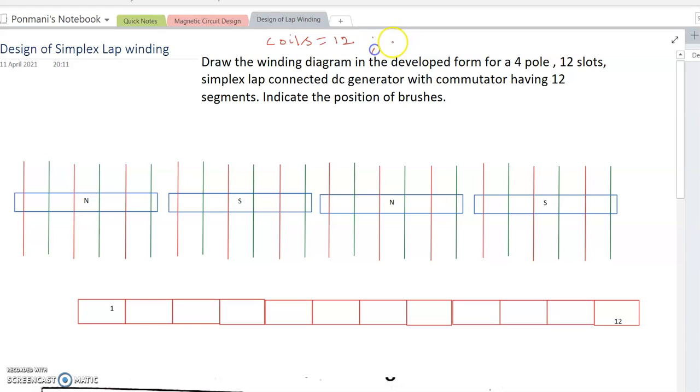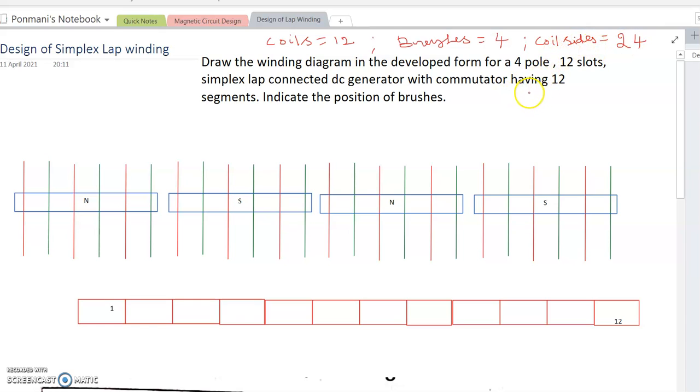Another thing, the number of brushes will be equal to the number of poles, so here it is 4. And coil sides will be, as you know, 2 times the coils. So the number of coils is 12, so coil sides is 24.